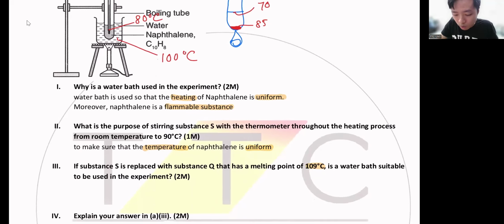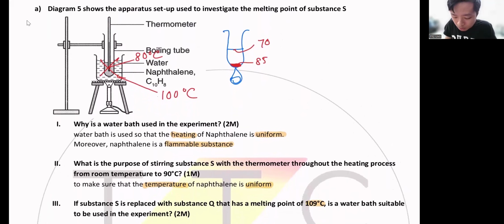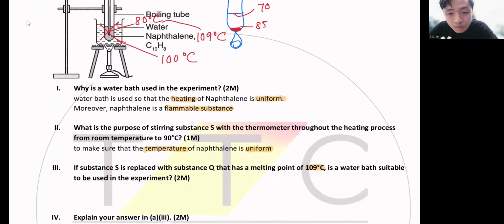So when I change this, because normally this one is the melting point, I change to one that has 109 degrees Celsius. Do you think I'm able to melt the substance, I mean substance Q? Cannot.